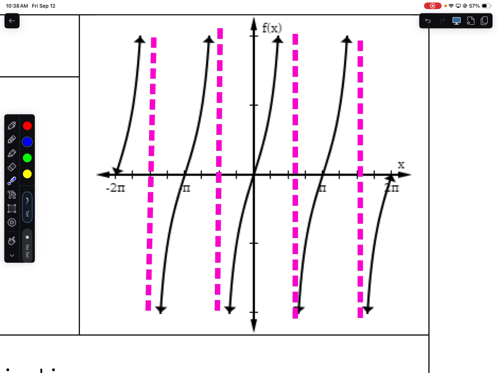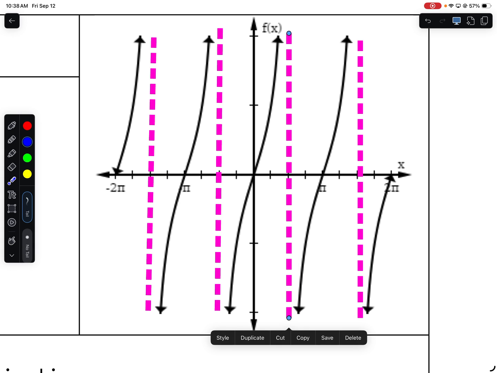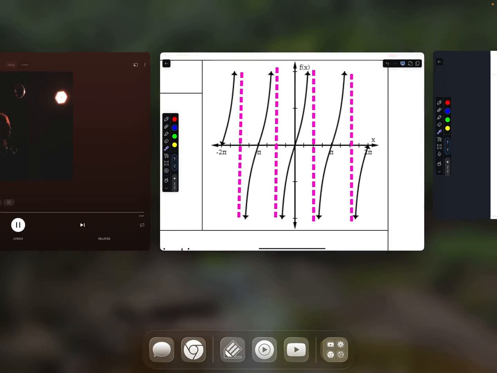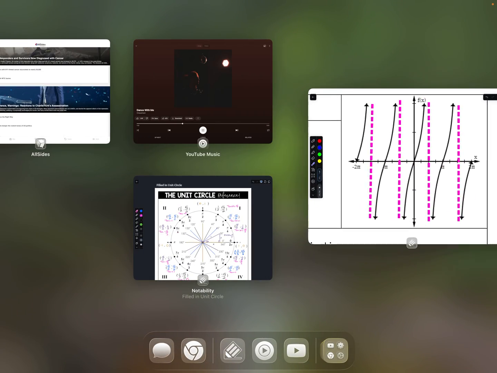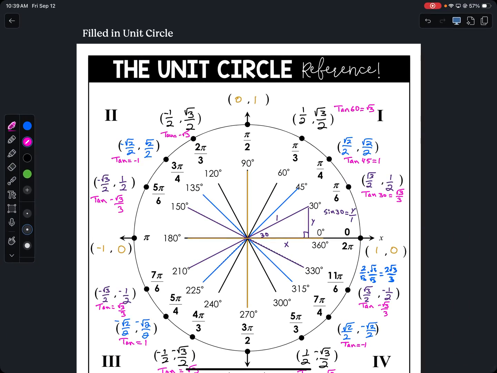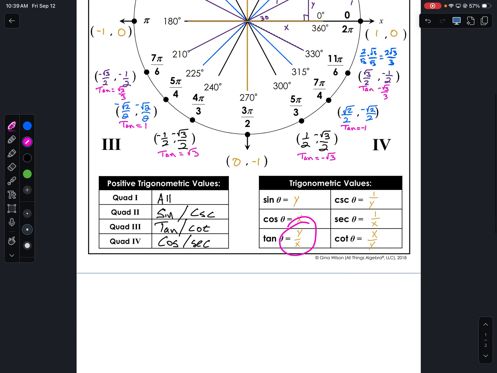So here's my question. What is this value right here? Look at the graph. They're super tiny, right? But this is 0. This is pi right here. So in the middle, it should be a little bit over. Pi over 2, right? So this is right at pi over 2. If we think about the old unit circle, at pi over 2, so remind yourself what tangent is.